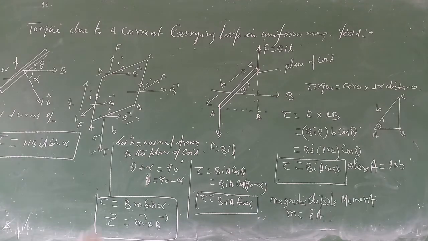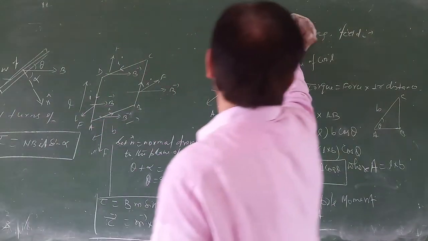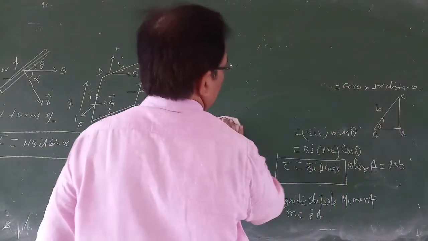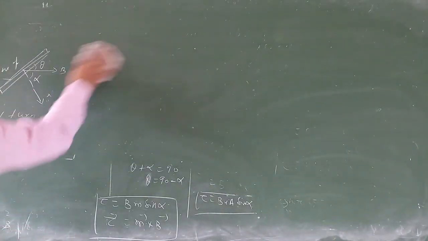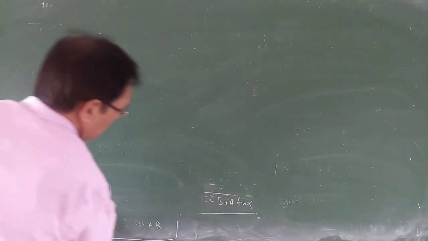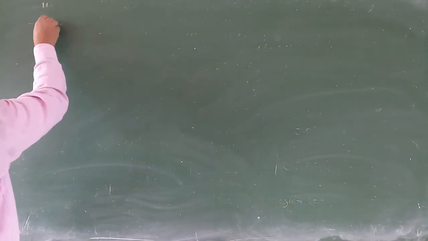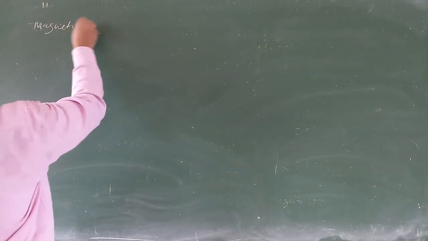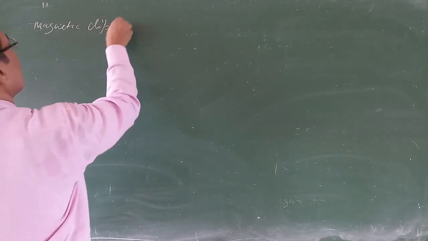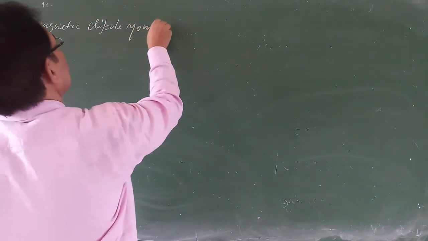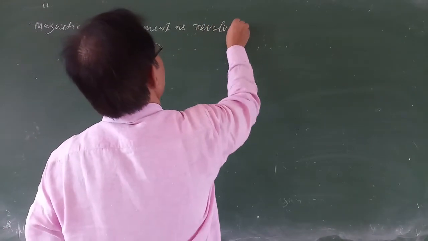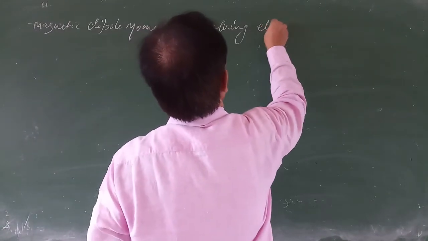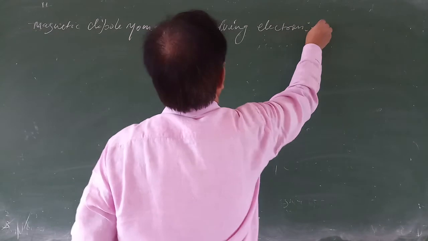Now, magnetic dipole moment as a revolving electron.